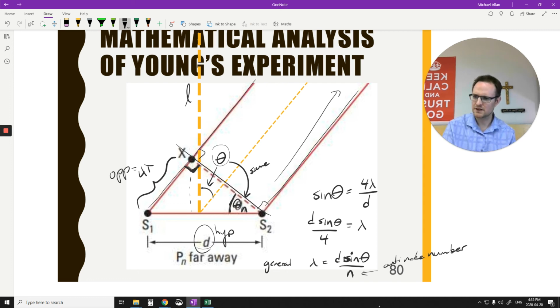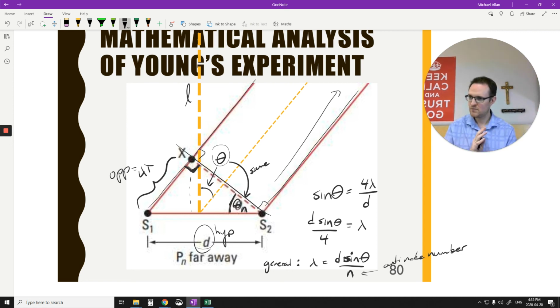This is a more general case. This is the formula you see on the formula sheet. Okay, so D being the distance between the slits, so they're generally a really small number, n being the antinode, and the angle theta being measured from the central line over to that nodal point.